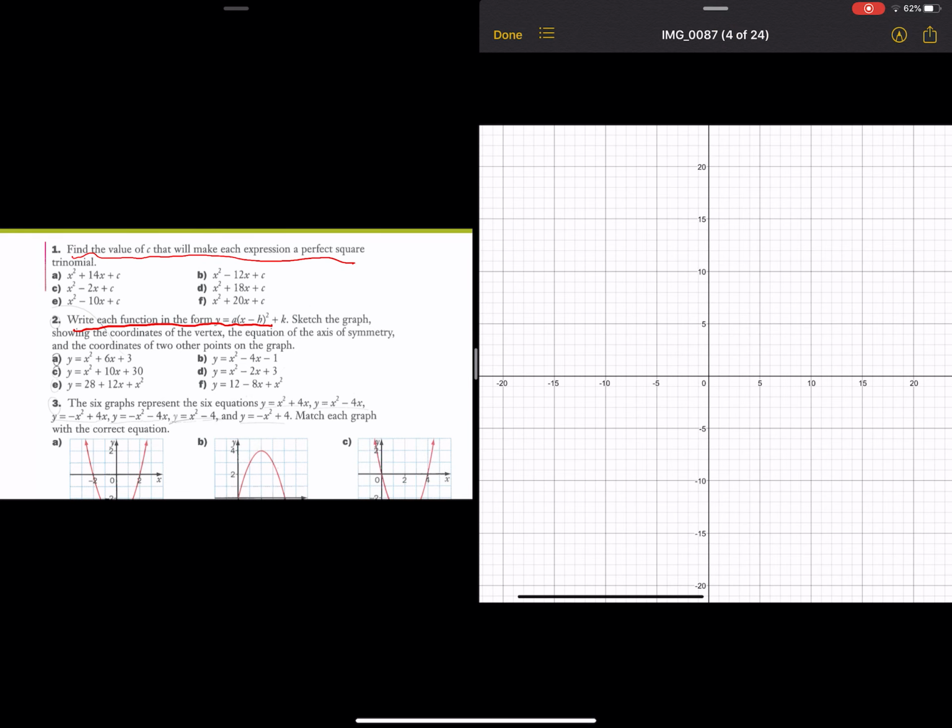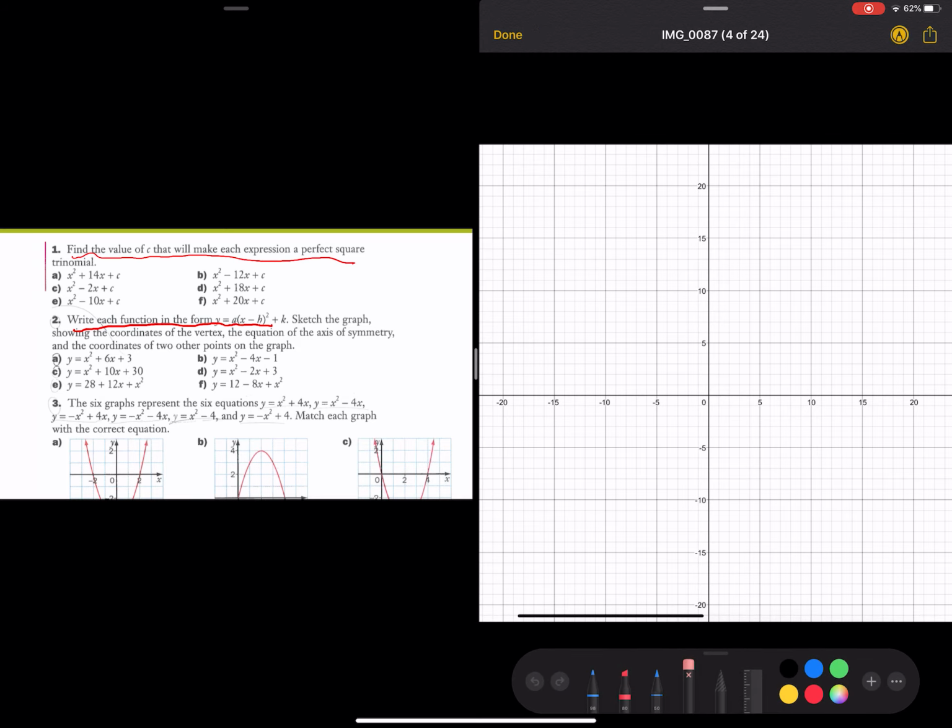Let's do something harder, maybe. Let's look at 2e. And that's written down as y equals 28 plus 12x plus x squared.